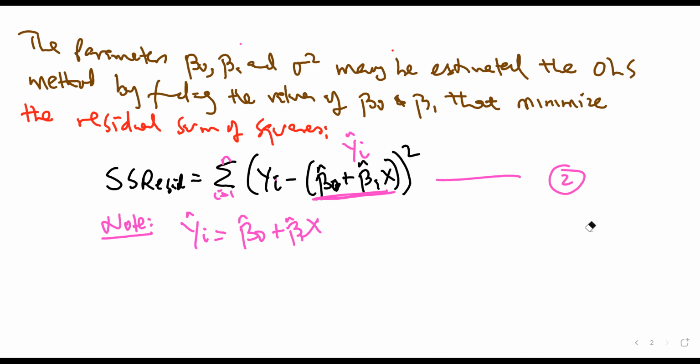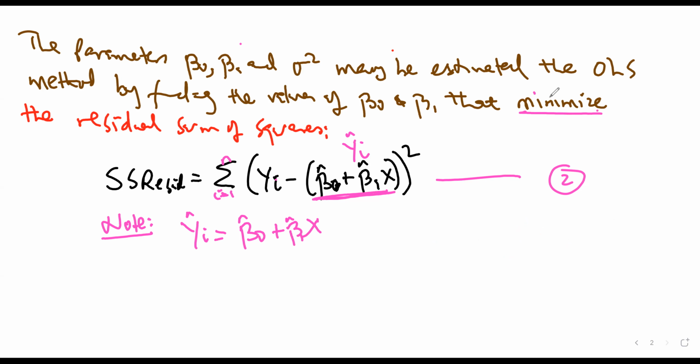Then, so we said that for you to minimize equation number 2, you apply differentiation, and more particularly, you apply what we call partial derivatives. So you differentiate equation number 2 with respect to beta naught, and then you equate that to 0, because when you're trying to minimize or to optimize, you equate the first derivative to 0.